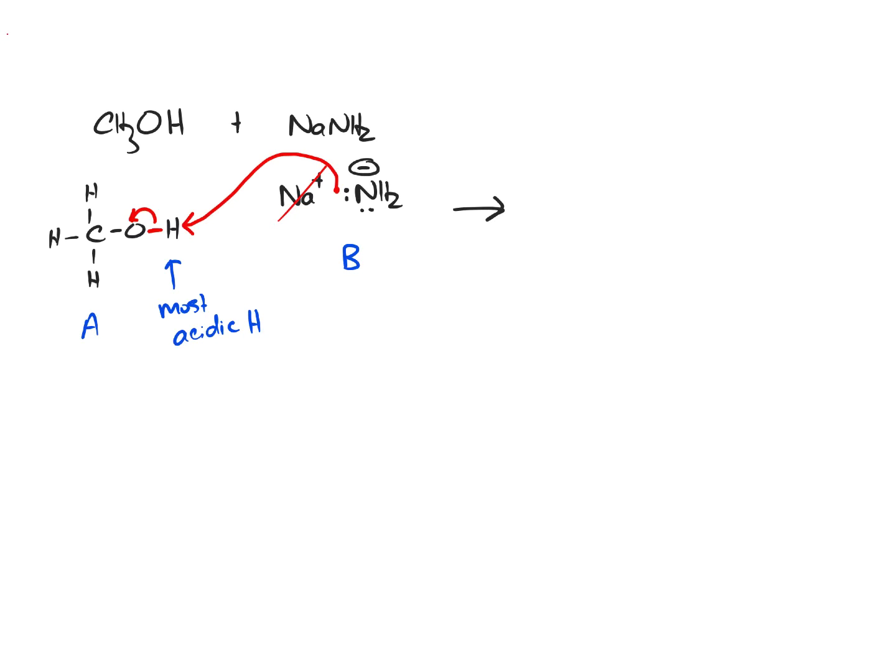So we'll draw the products. Okay, the oxygen already had two lone pairs, now it has three. You can draw all three or just draw the negative charge, either's fine. And then the hydrogen gets bonded to the NH2.